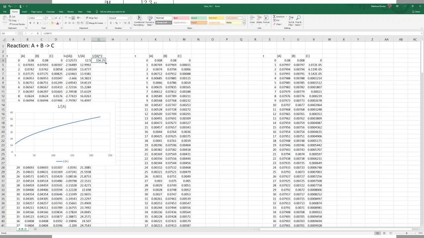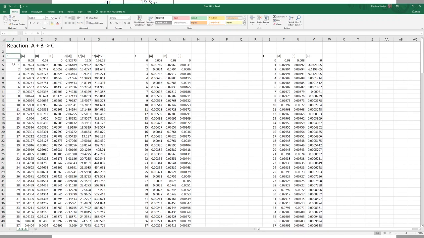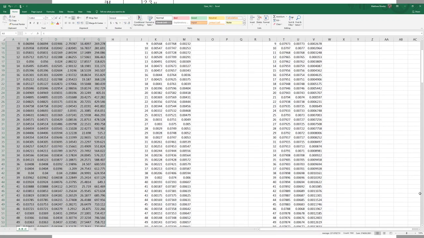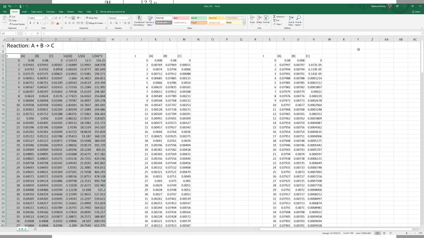And we didn't cover that in your lecture, and it's not anything that you necessarily need to know. But because we're gonna sort out the reaction order with those other data sets a little bit later, we can go ahead and look at this 1 over A squared.